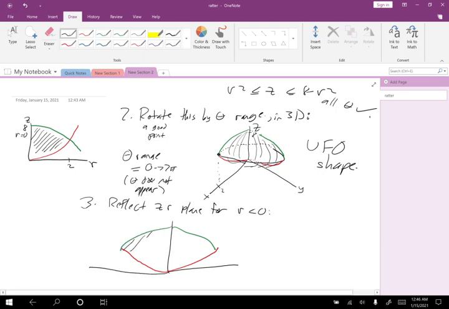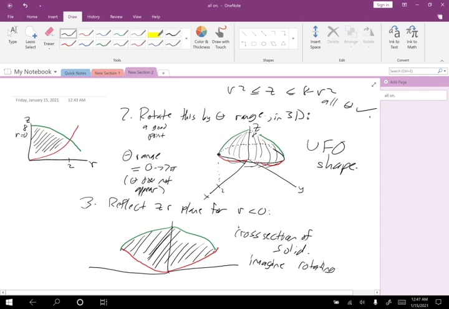Okay, so this will represent a horizontal cross section of the solid. And then you can just imagine rotating it about the z-axis.